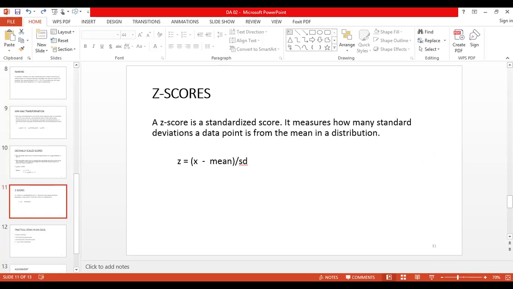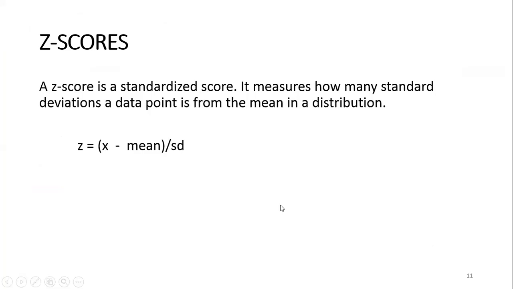X minus the mean is the... I think I forgot about that. Okay, it's clear now. The Z score is X minus the mean, in brackets. Yes. Thank you very much, sir.